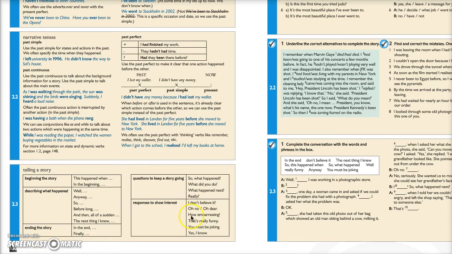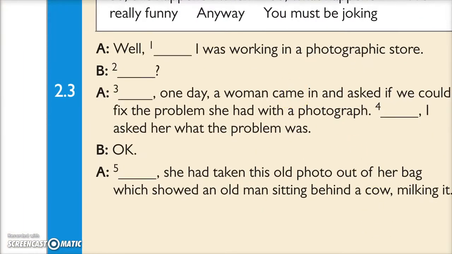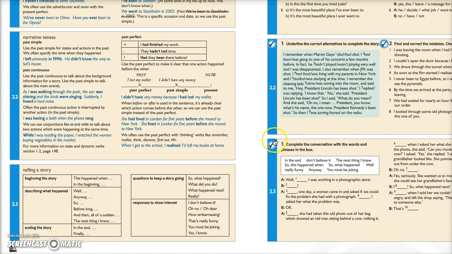And then, once you finish looking at those, you should try and do the activities here on the next page. Activity 1 says complete the conversation with the words and the phrases in the box. It's actually just one. Okay, so you have the expressions in here. For instance, well, I was working in a photographic store.